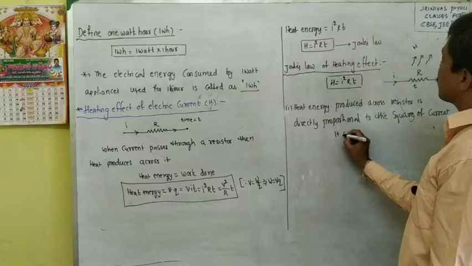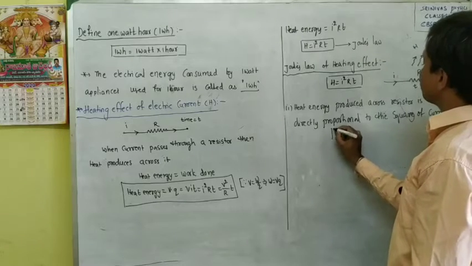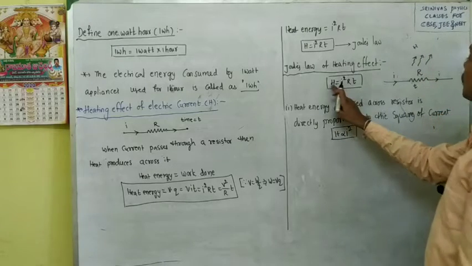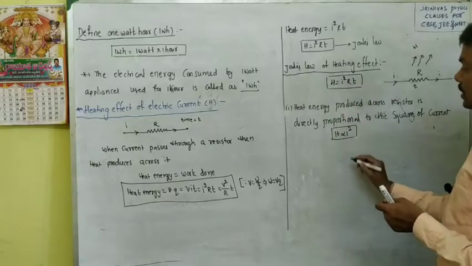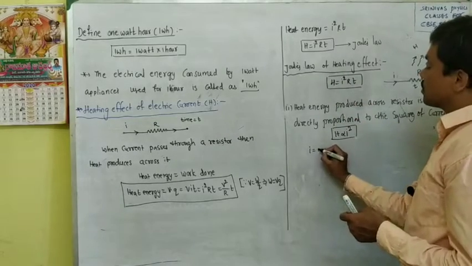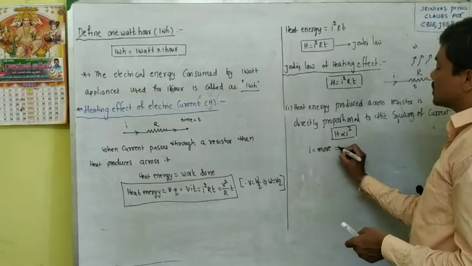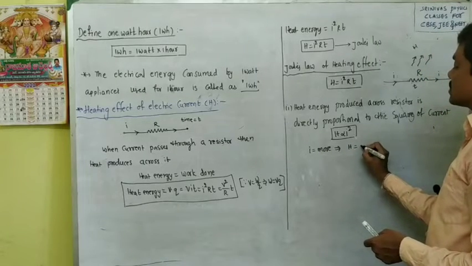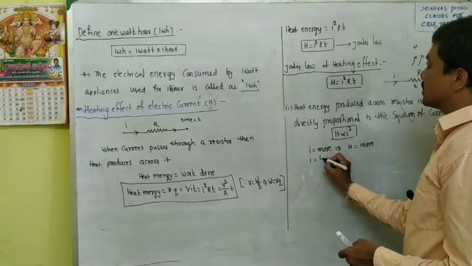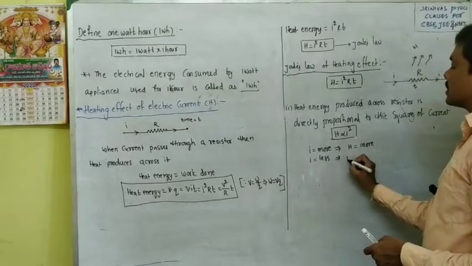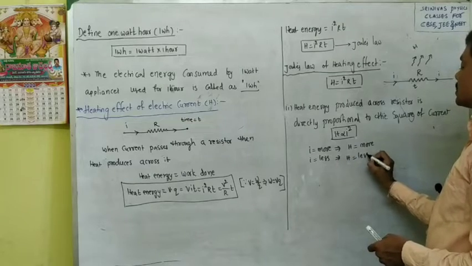That means H is proportional to I square. If you send more current, then more heat develops. If you send less current, then less heat develops.